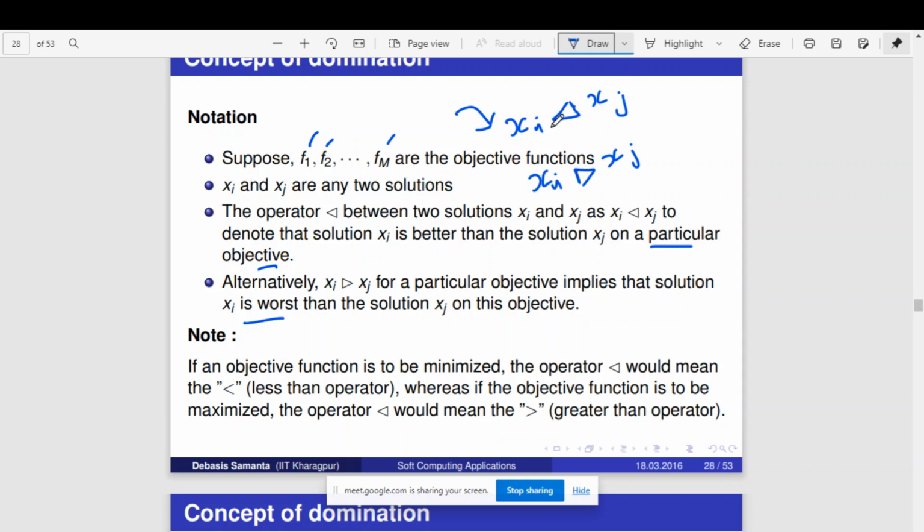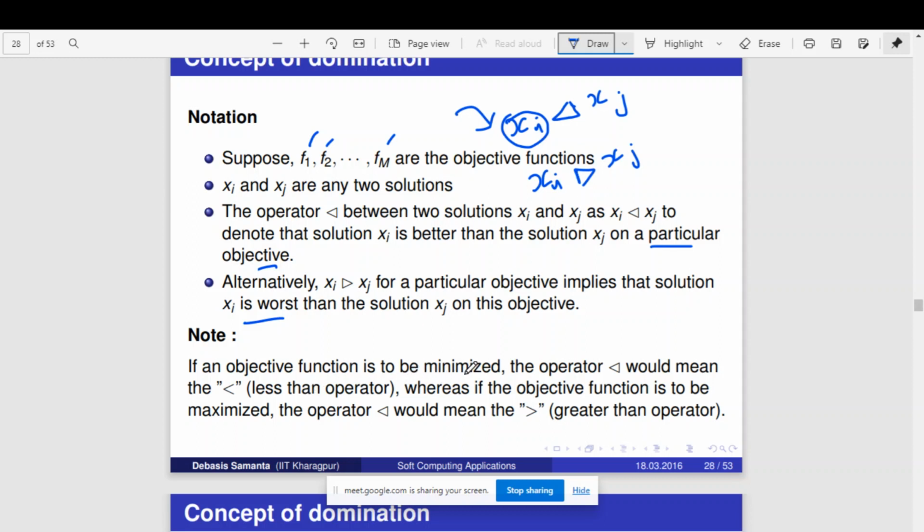Okay. So if you put the symbol this way, it means xi is better than xj. If you put it this way, it means xi is worse than xj. This better than is otherwise called dominating. Then you can say that xi is dominating xj.